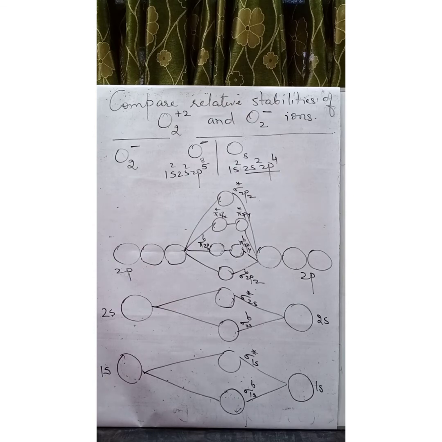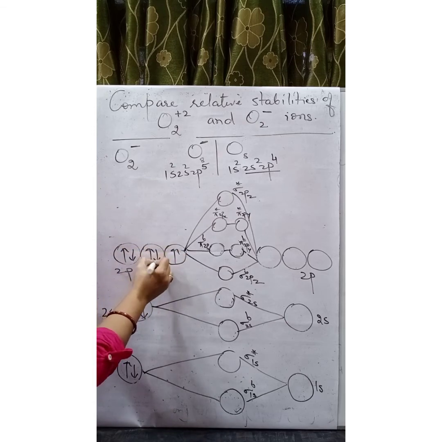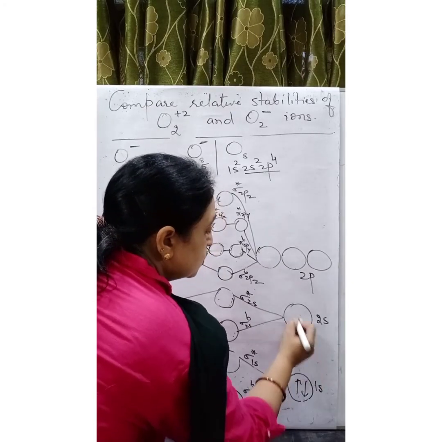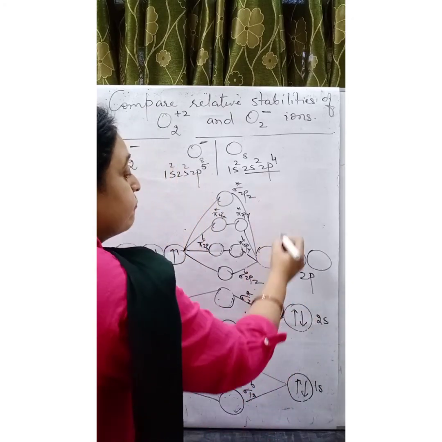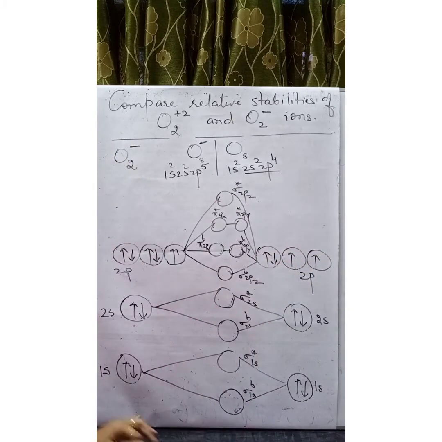Now arrange the electrons. On the left hand side, we are having 2 in 1s, 2 in 2s, 5 in 2p: 1, 2, 3, 4 and 5. On the right hand side, we are having 2, 2 and 4: 1, 2, 3 and 4 in 2p.